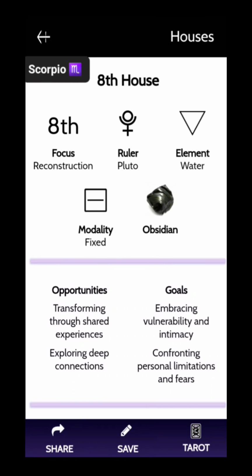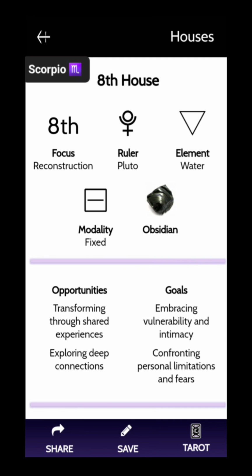The eighth house is ruled by Scorpio. Now, Scorpio has two planets that rule that sign, which are Pluto and Mars. And I say this because Mars is used in a type of ancient astrology, so I don't push that away. So Pluto and Mars. The eighth house represents death.